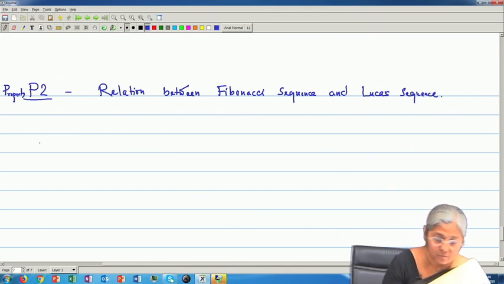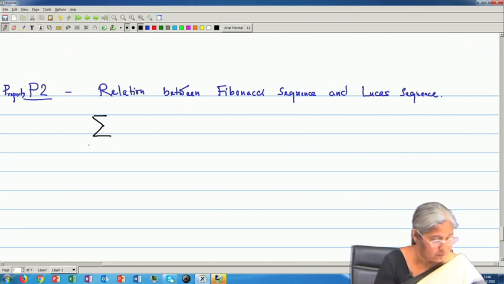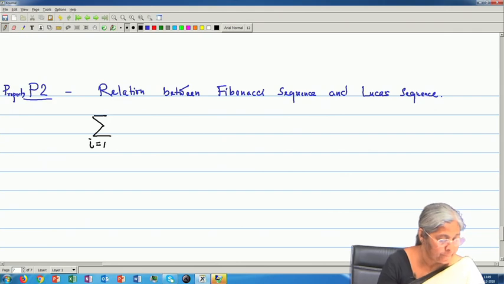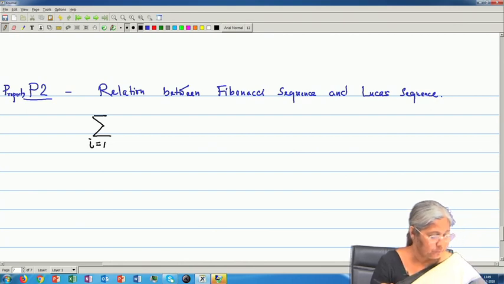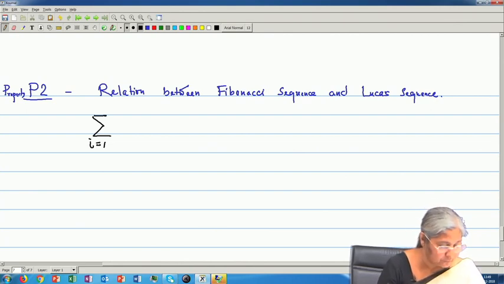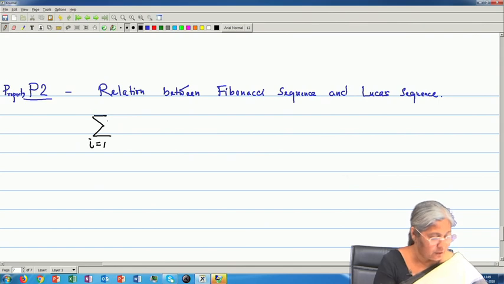I write one such property: if I take the sum of Fibonacci numbers, I take Lucas numbers.